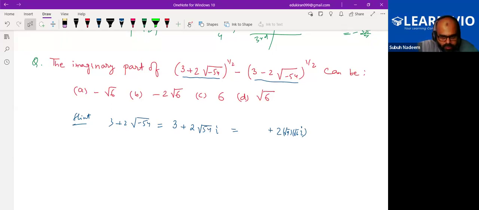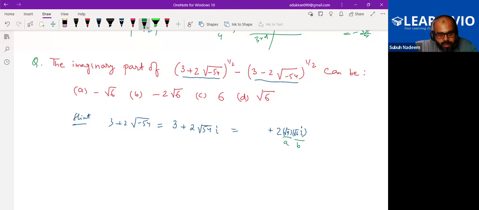After a little bit of thought process, this will come to your mind: let us take one number as root over 9, this is a, and another number as root over 6 iota. So when you multiply, it will become root over 54 iota, since 9 times 6 is 54. What is the benefit of taking it like this? You could have taken root over 27 into root over 2i also. But why have we taken it like this?